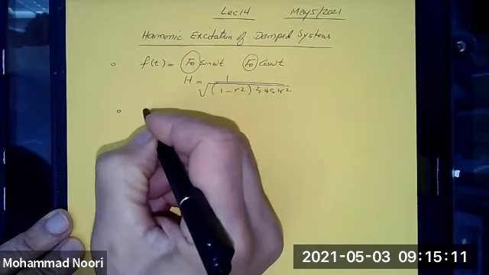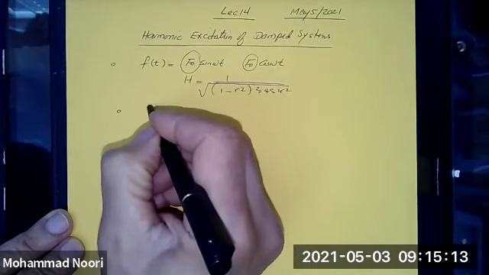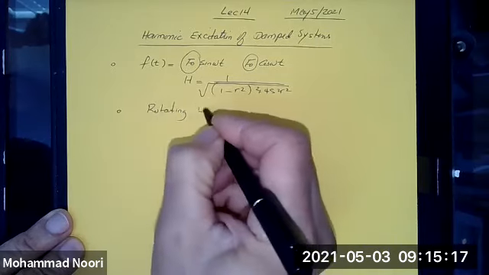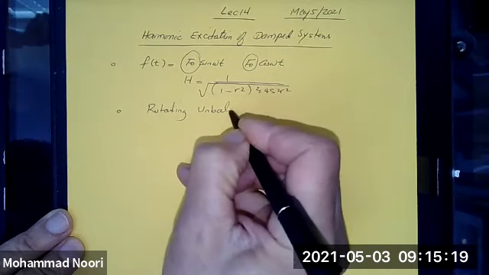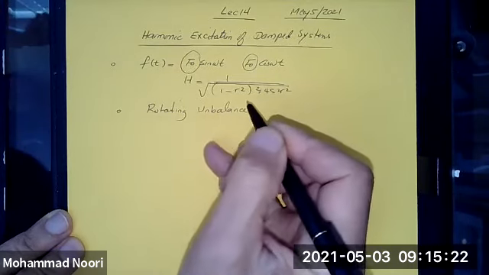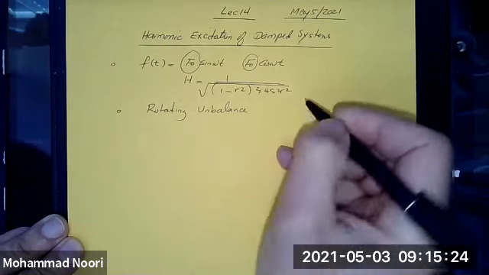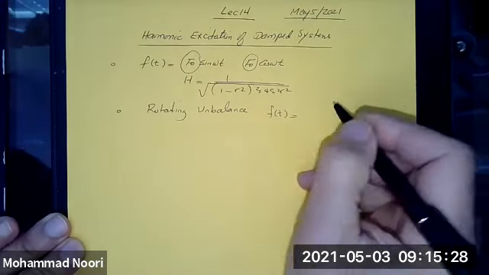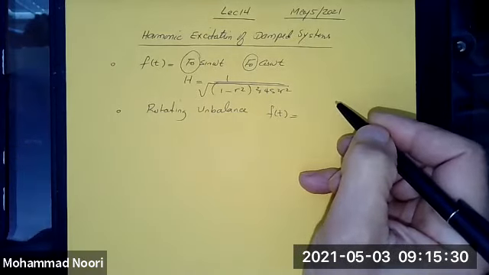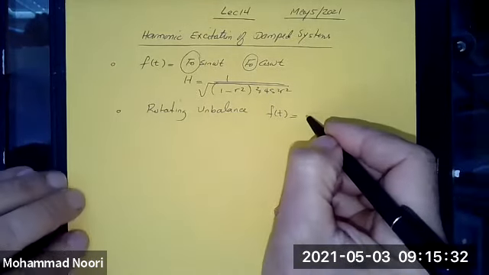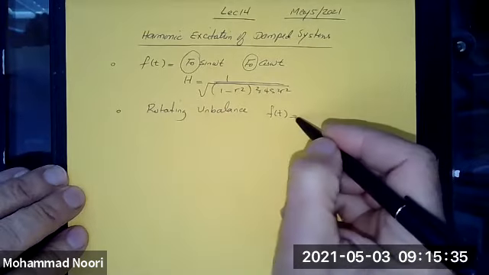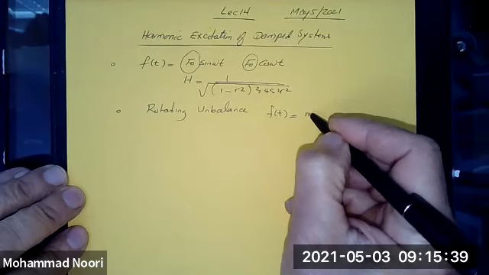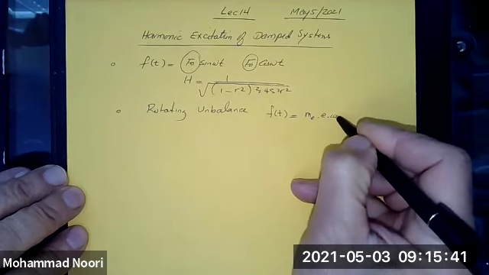Then based on that concept, we also looked at rotating unbalance that introduces a different form of sinusoidal or harmonic excitation, and basically it is the same, except that F naught here is simply this.